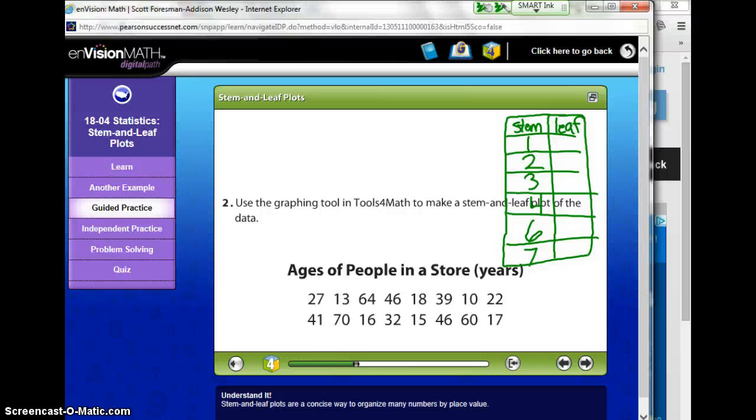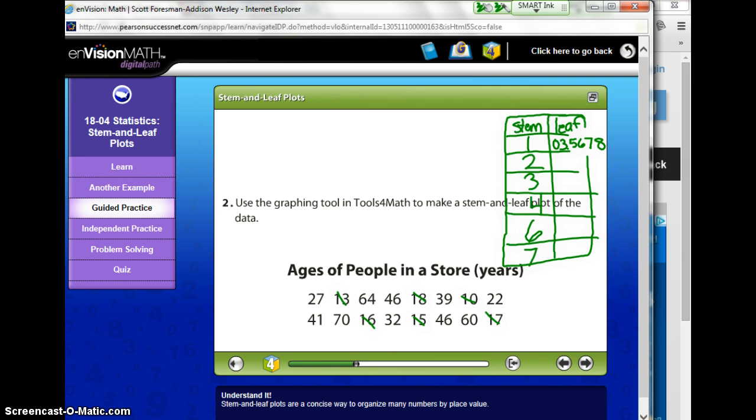What are the numbers in order from least to greatest that are in the 10s? 13, what else did you say? 15, 16, 17. 1, 2, 3, 4, 5, 6. There's 6 of them up there.